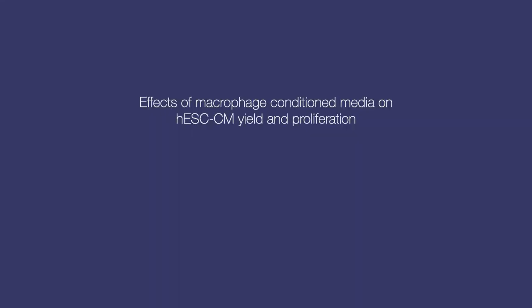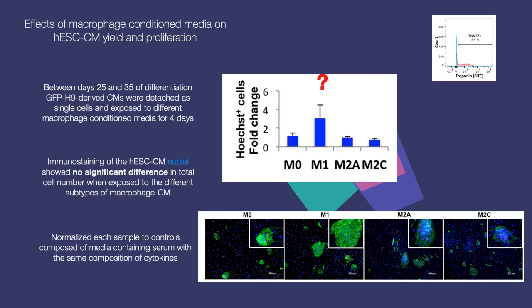Next, the researchers set out to look at the effects of macrophage-conditioned media on human mesenchymal cardiomyocyte yield and proliferation. So between day 25 and 35 of differentiation, GFP-H9-derived cardiomyocytes were detached as single cells and exposed to different macrophage-conditioned media for 4 days.